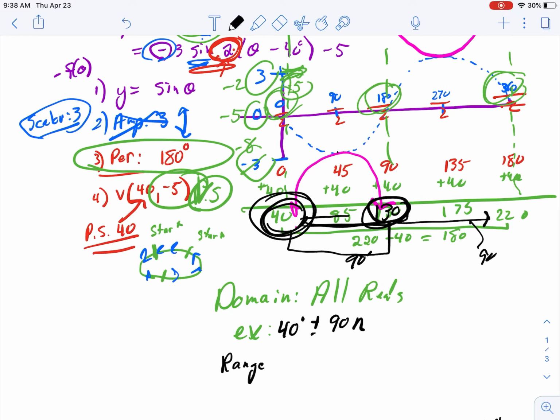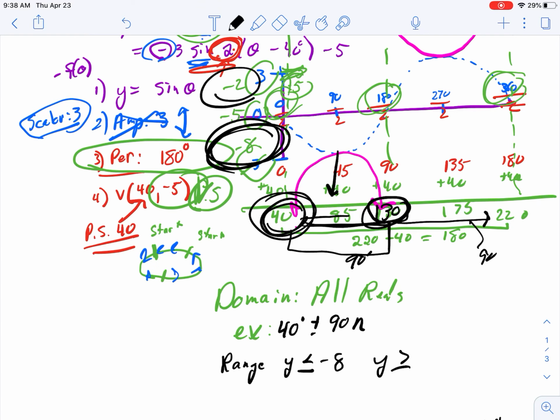My range values, okay, I have to look here, see it goes down. So it'll be y is less than or equal to -8. That's this value here. And y greater than or equal to, looks like -2. And there's my domain and range.